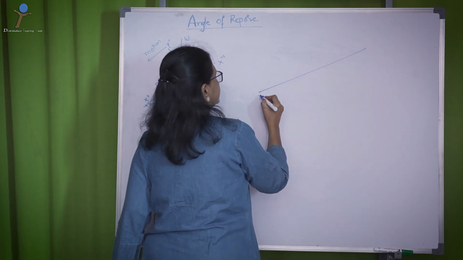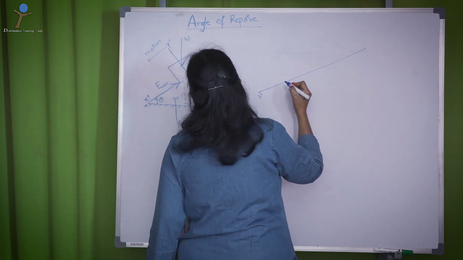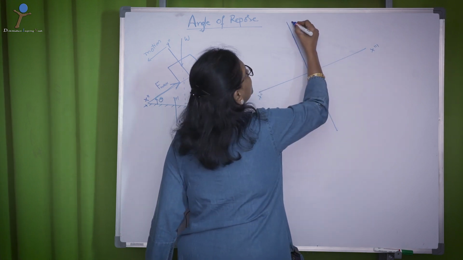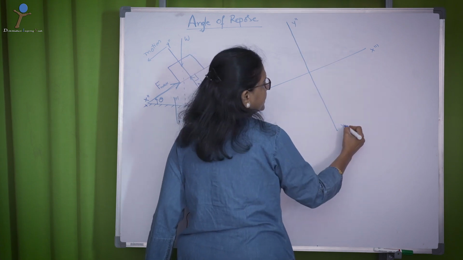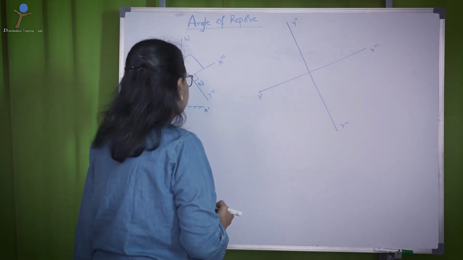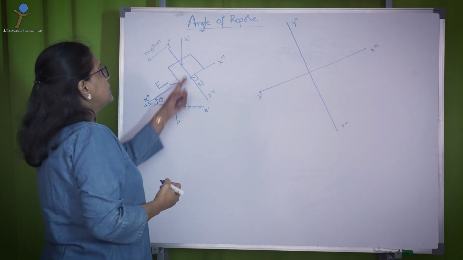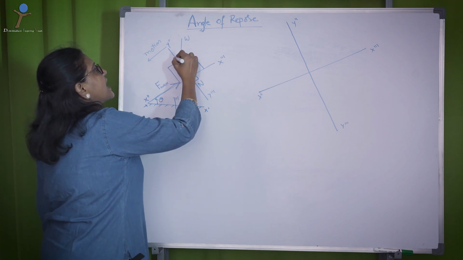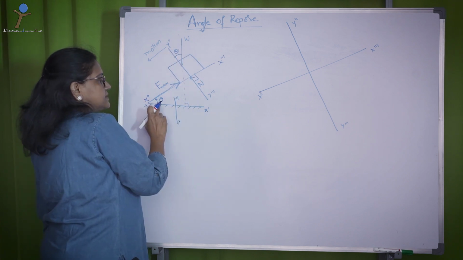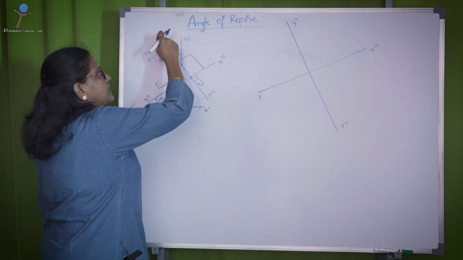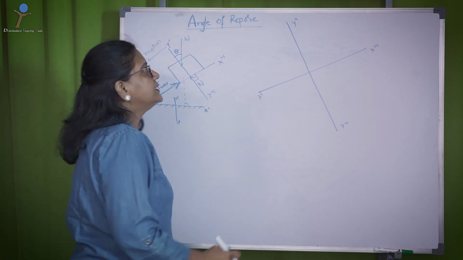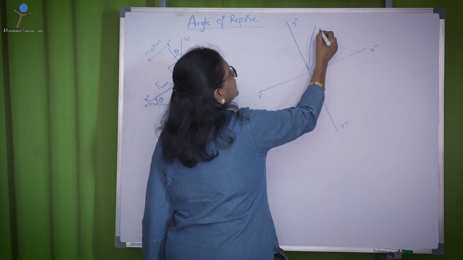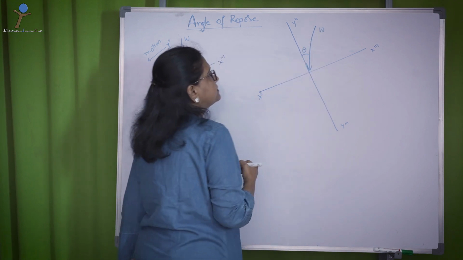See, this is the inclination, x double dash, x triple dash, and I draw a normal, which is y double dash and y triple dash. Now, W, the weight of the object, is acting at an angle of theta with respect to y double dash and y triple dash. So, I represent that angle of W here at an angle of theta.